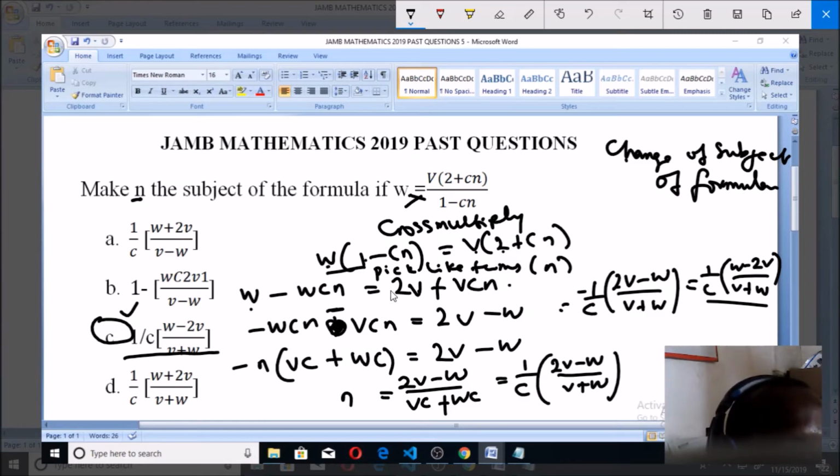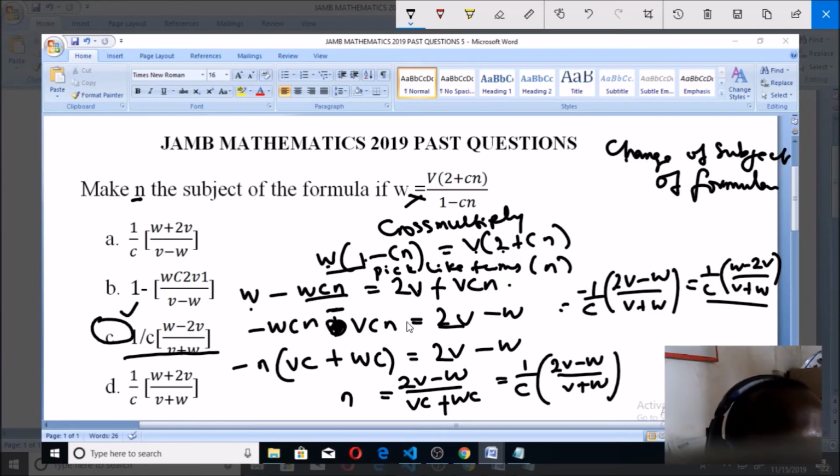So pick out like terms, you now have minus wcn, which is what we're having here. This is another thing that has n, minus vcn. This is minus because this is plus vcn going over to this side. Then 2v, you already leave it the way it is. Then w is plus here, going over here becomes minus.